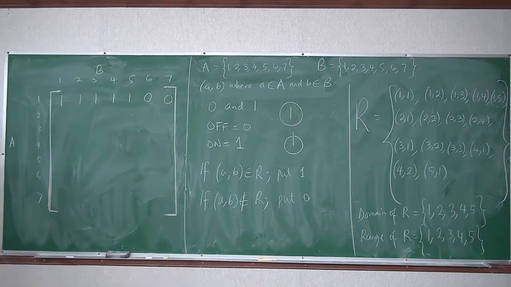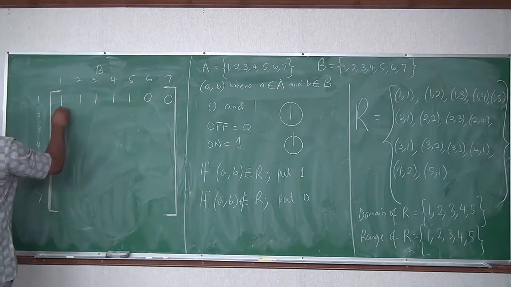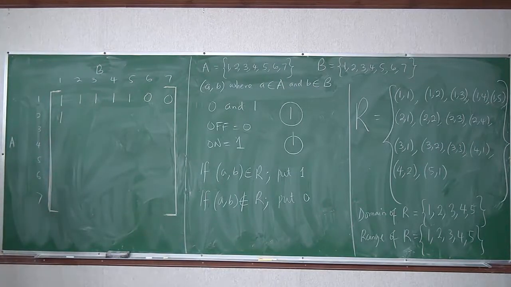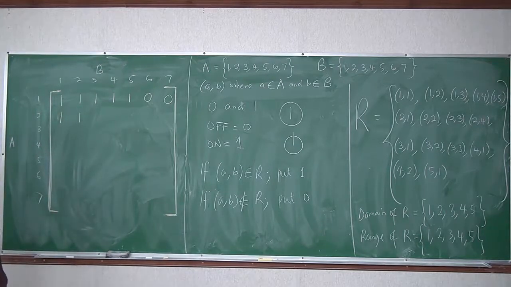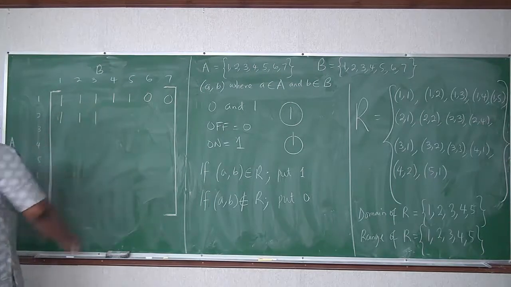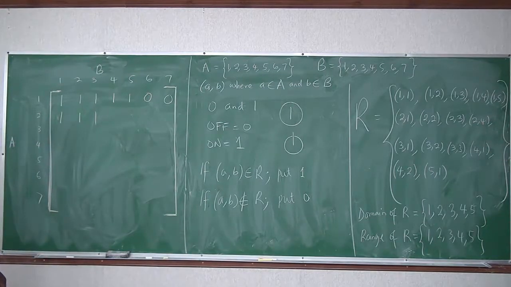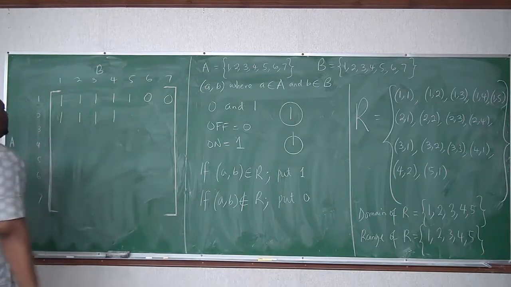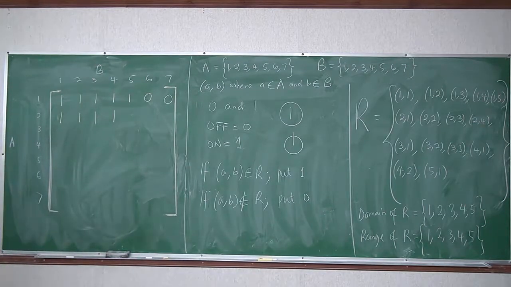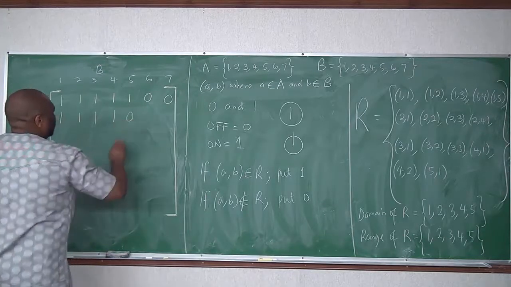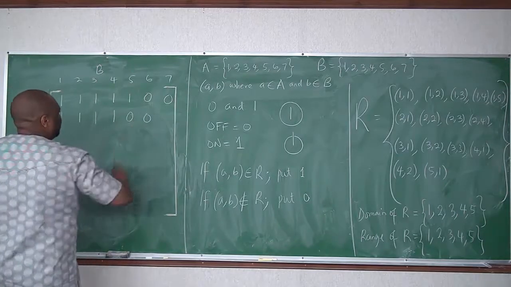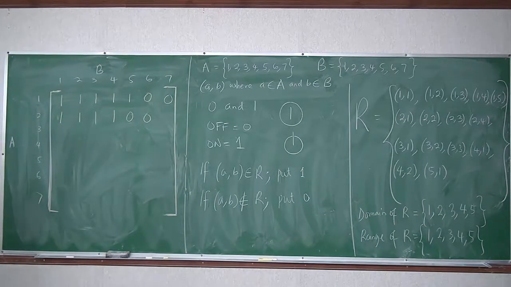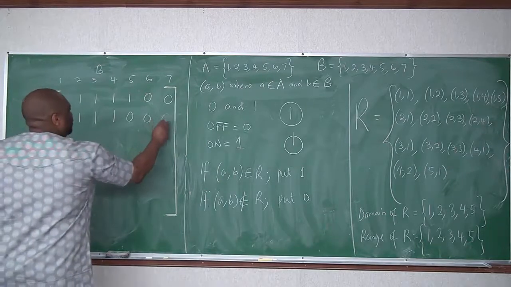Okay? (2, 1) is in the relation, we put 1. (2, 2) is in the relation, we put 1. (2, 3) is in the relation, we put 1. (2, 4) is in the relation, we put 1. (2, 5) is not in the relation, we put 0. (2, 6) is not, we put 0. (2, 7) is not, we put 0.